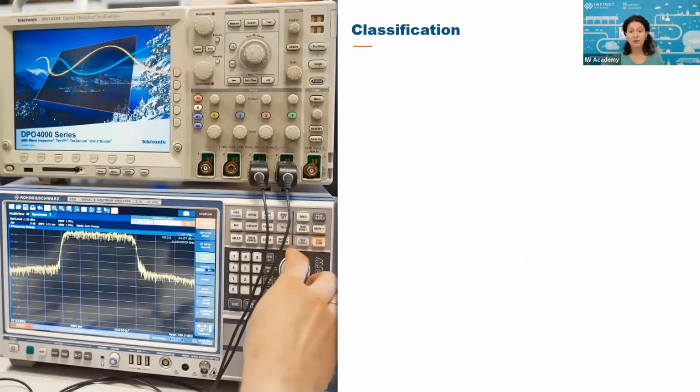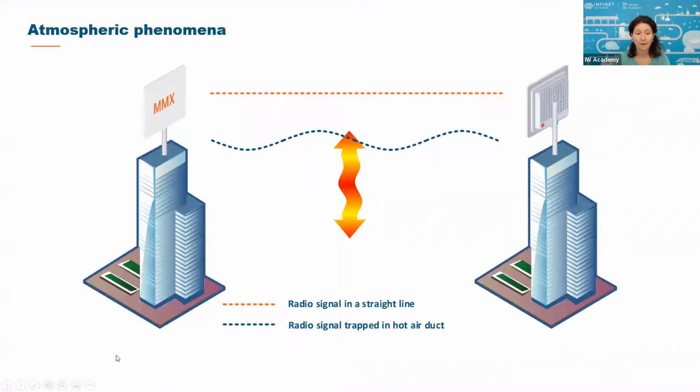Let's briefly review the factors that cause interference and signal distortion. The first one is the natural interference that includes the atmospheric phenomena and the weather conditions in general. The atmospheric phenomena can lead to a change in the path of propagation. For example, the higher we go into the atmosphere, the colder it should be.